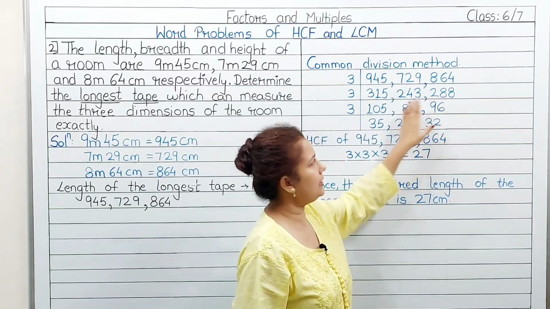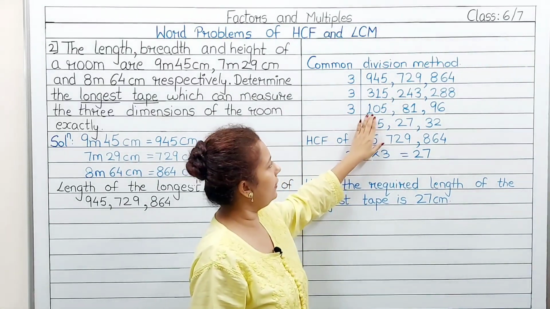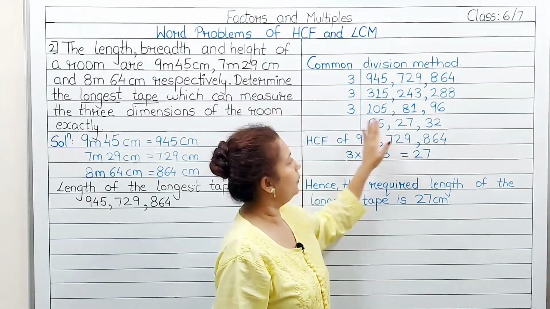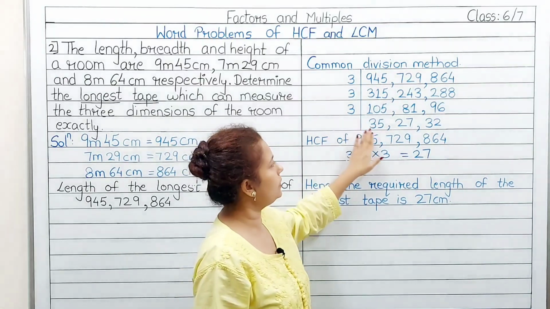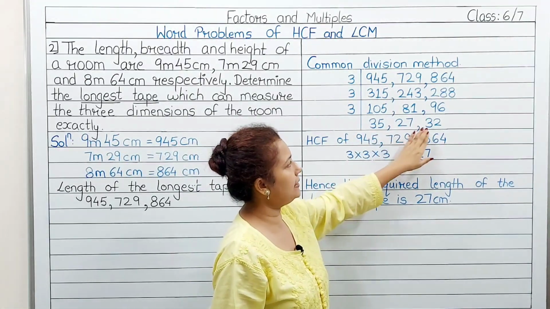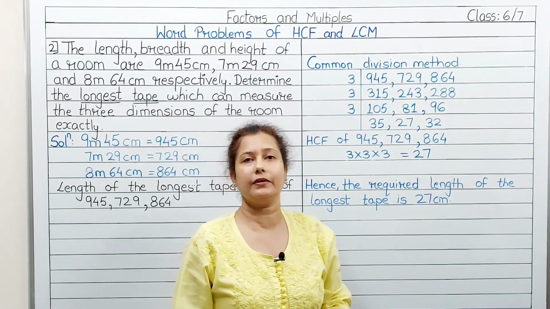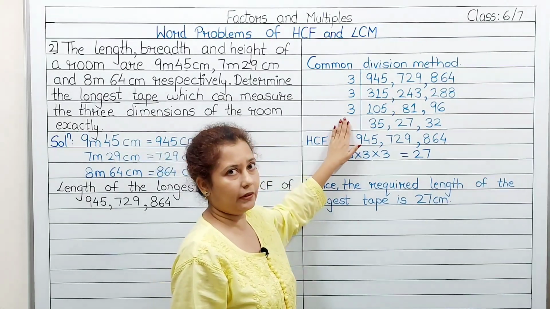Again these 3 numbers are divisible by 3. So we will divide and we will get 105, 81 and 96, which again is divisible by 3, which is a prime number. So we will get 35, 27 and 32. These 3 numbers are not divisible by any common prime number. So we will stop here.